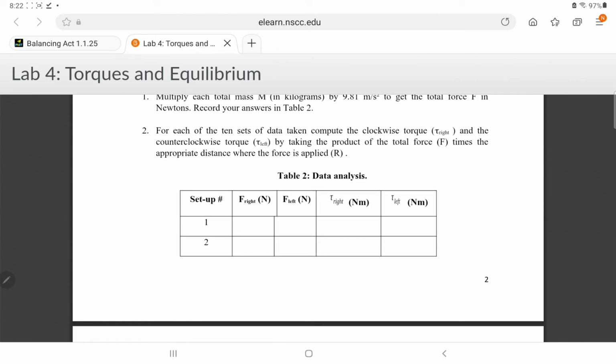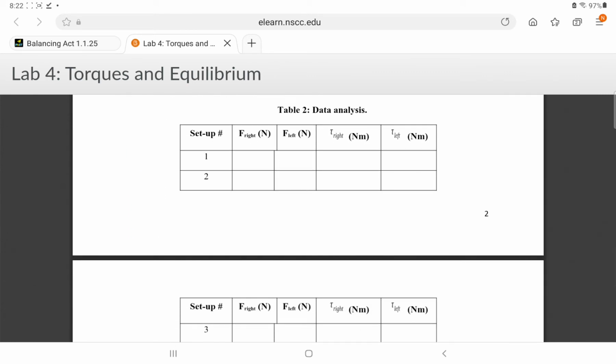Let me go to the second data table. Look at here, data analysis is here. To find the force on the right, you have a mass on the right. For the first data, mass is 5 kilogram, and what is the force? Force is equal to mass into acceleration, in this case gravity, so F equals mg.